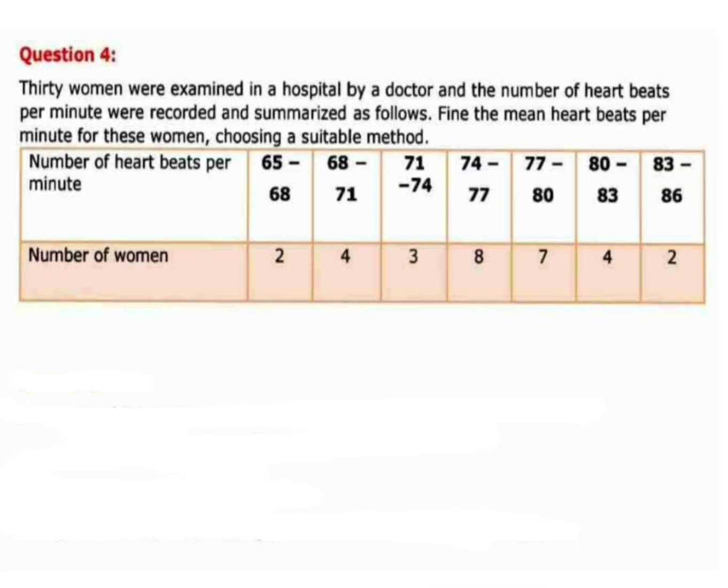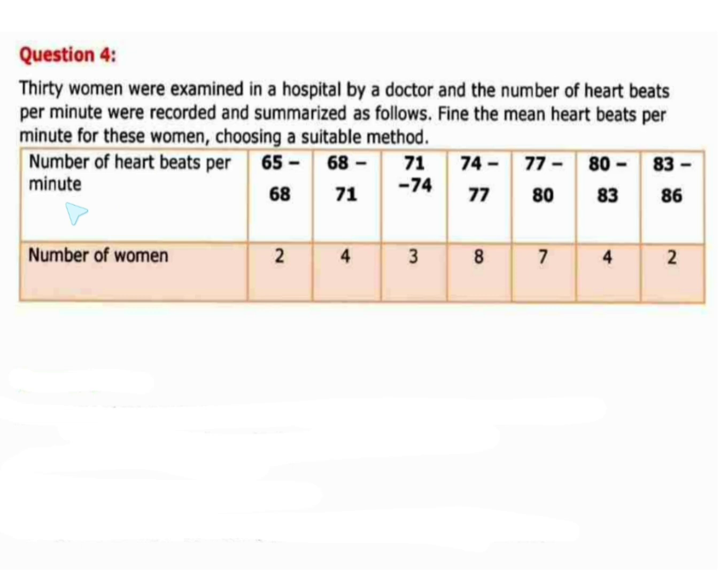Question number 4. 30 women were examined in a hospital by a doctor, and the number of heartbeats per minute was recorded and summarized as follows. Find the mean heartbeats per minute for these women, choosing a suitable method.